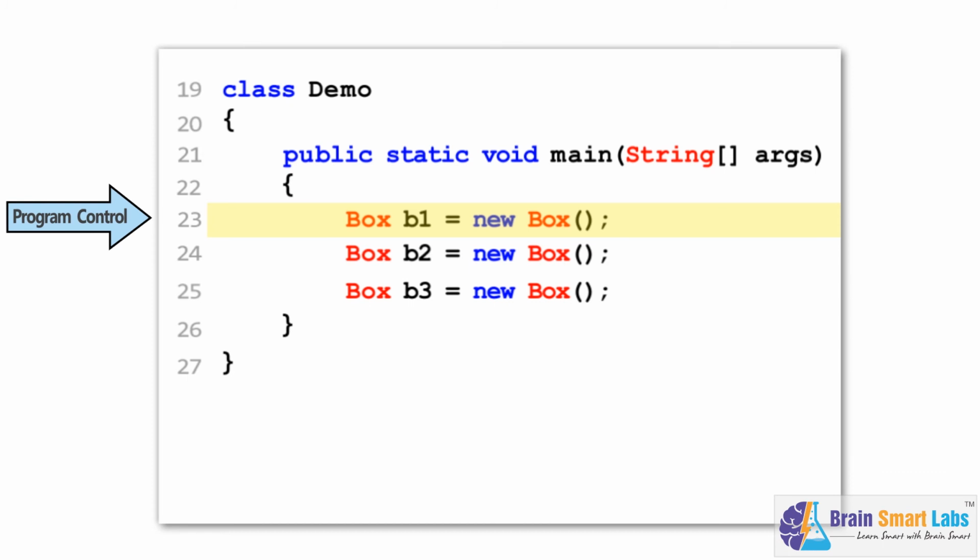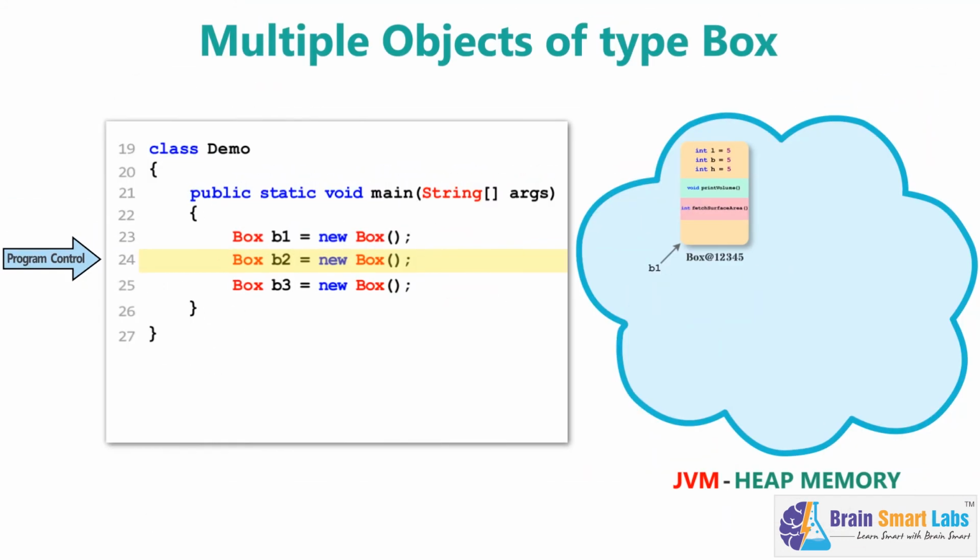Similarly, when our program control moves to the next line, that is line number 24, another new box object is created in a different address location whose reference will be given to our variable b2.